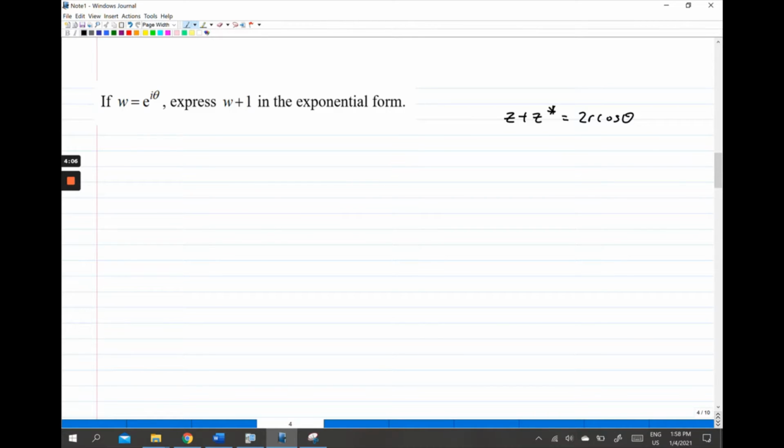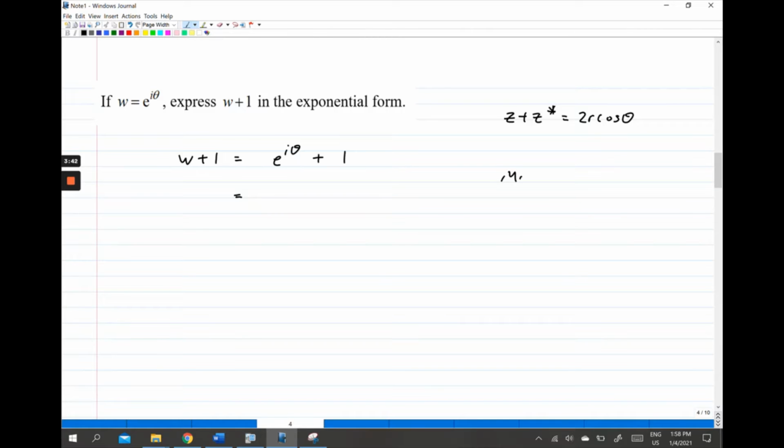Let me show you how we can make use of this result for this small question. When you have w + 1, the question requires you to leave your answer in exponential form. So how do you add the complex number e^(iθ) with 1 and combine them together? This is what we will do: we will take the mid angle.